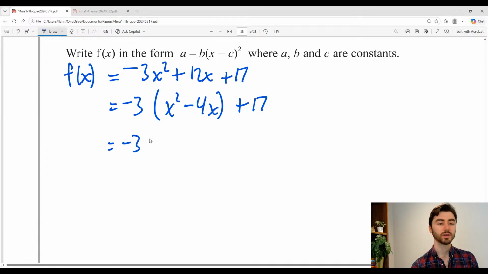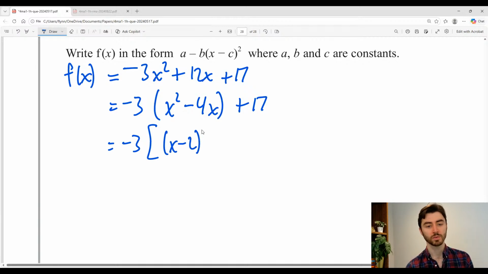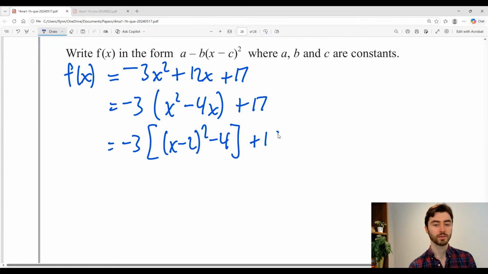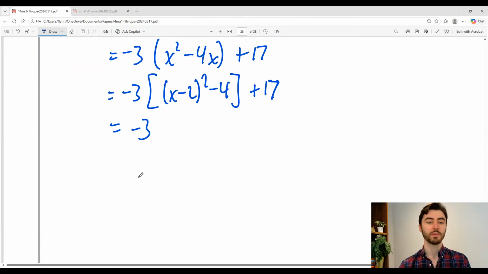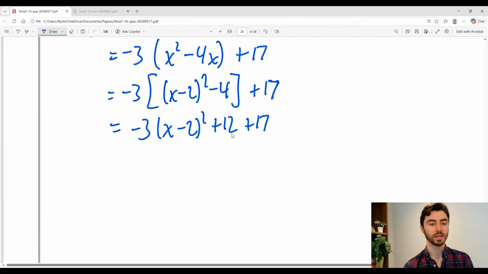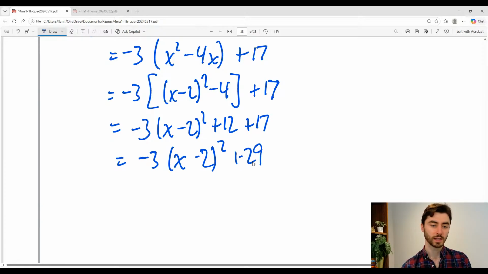So that's minus 3 into, now completing the square on this, you get x minus 2 squared. Subtract that thing squared, minus 4 plus 17. So that would be minus 3. Now I have to remember to multiply the minus 3 into the bracket. So minus 3 into x minus 2 all squared plus 12 plus 17, which is minus 3 into x minus 2 all squared plus 29.